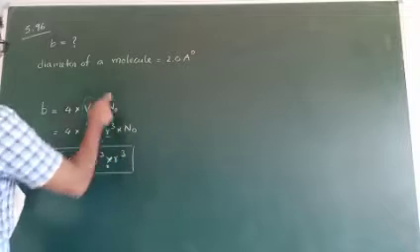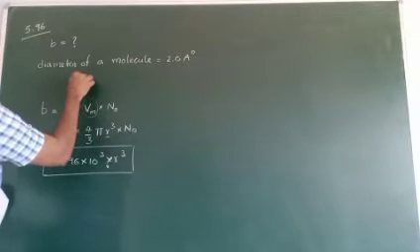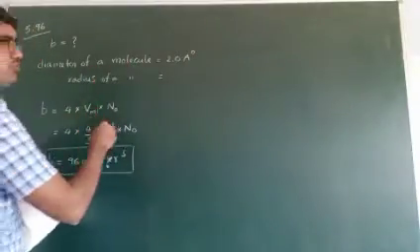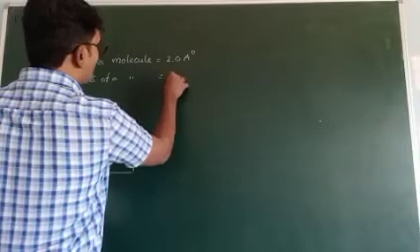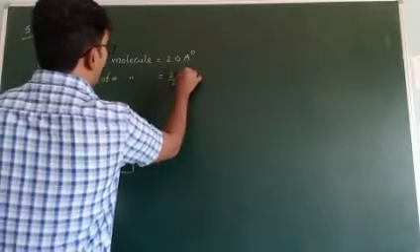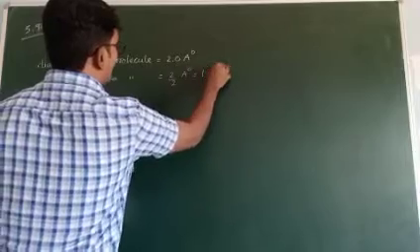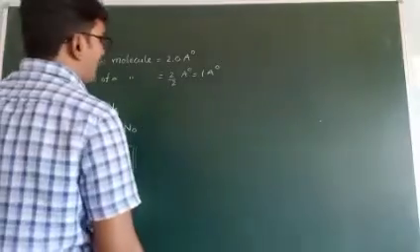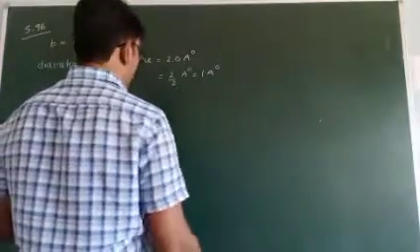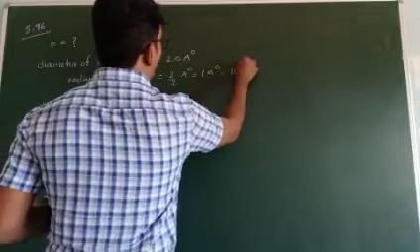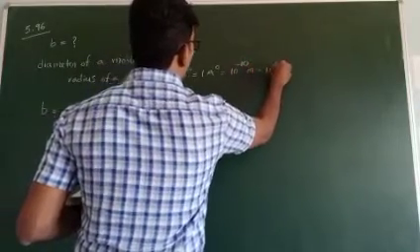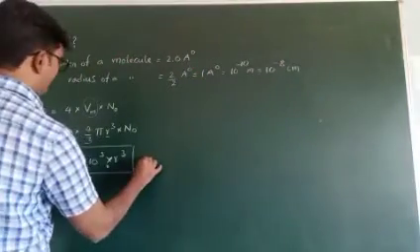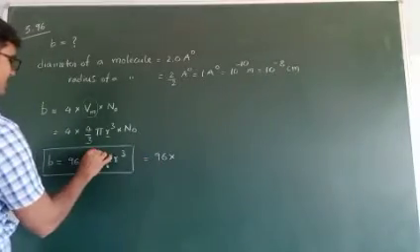But we have to take the radius. Radius of a molecule is equal to half the diameter, diameter value is 2, so radius value is 2/2, which is 1 angstrom. But the answer is given in milliliters, so convert this into centimeter. 1 angstrom means 10 to the power of -10 meters, which equals 10 to the power of -8 centimeters. Now substitute here: 96 into 10 to the power of, not 3, no, 23.